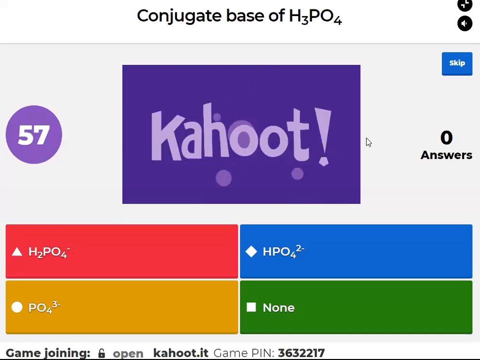Conjugate base of H3PO4. Very easy. You should answer it within seconds. The faster you answer, the more marks you'll get.